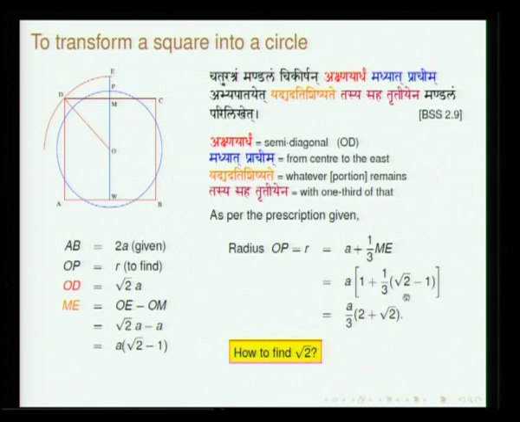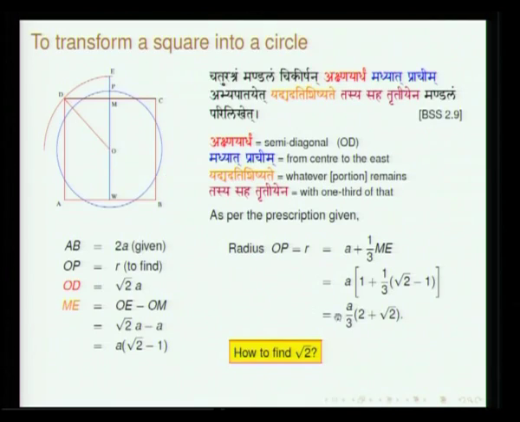The sutra said 1/3 of this has to be added to that, which is basically PM. PM is 1/3 of this. So, what it amounts to is the radius is A by 3 of 2 plus root 2, where half the side is A. This is the prescription given in Bodhayana Shulva Sutra for transforming a square into a circle. How accurate it is, let us see a little later.